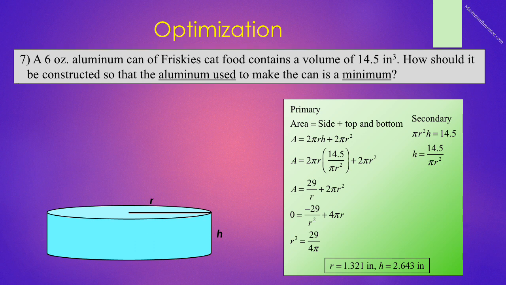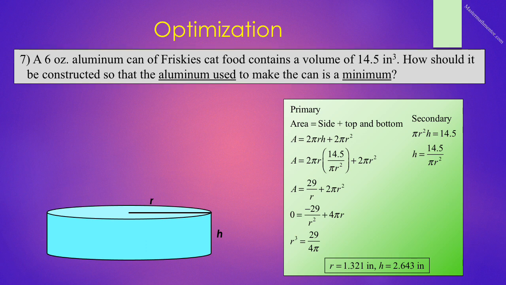We need to solve for a variable, and it is clear that h is easier to solve for than r. So h is equal to 14.5 over pi r squared. So, substituting, A equals 2 pi r times 14.5 over pi r squared plus 2 pi r squared. That gives 29 over r plus 2 pi r squared.